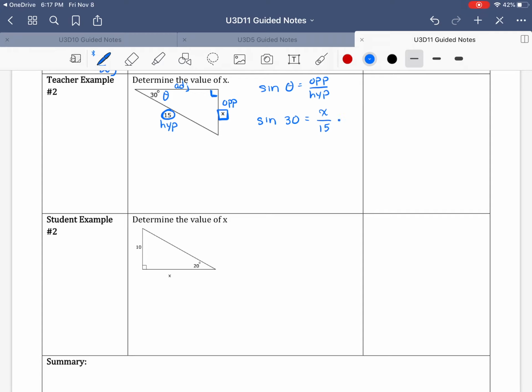So in this case, we're going to multiply by 15 on both sides, and then x equals 15 sine theta. And when you get to that point, you actually can just put it straight into the calculator. 15 sine of 30 gives you 7.5. So it tells you that x equals 7.5.